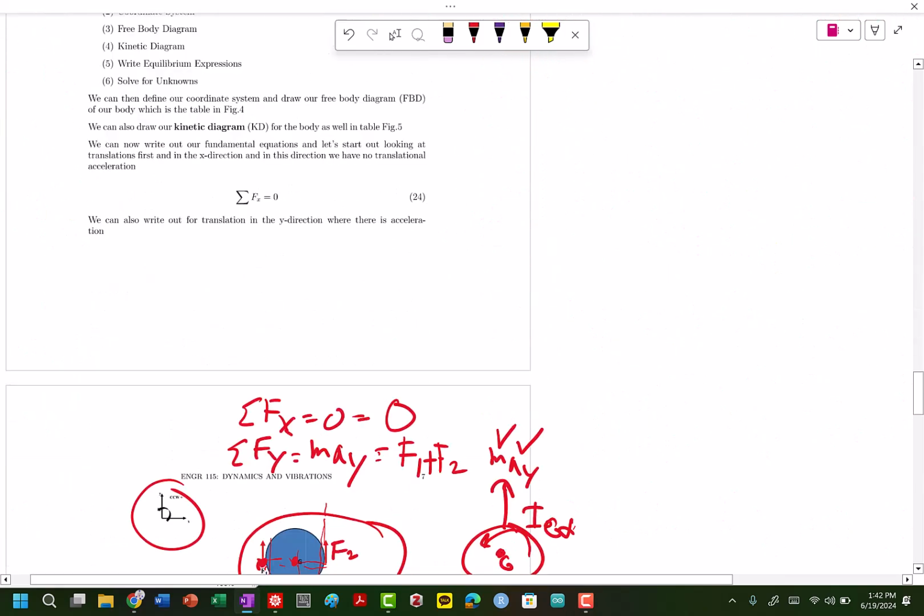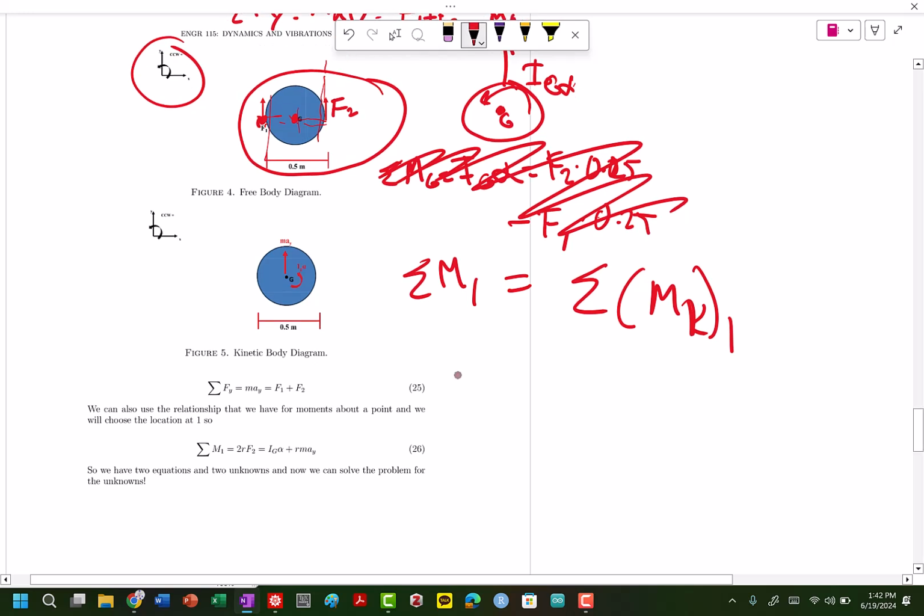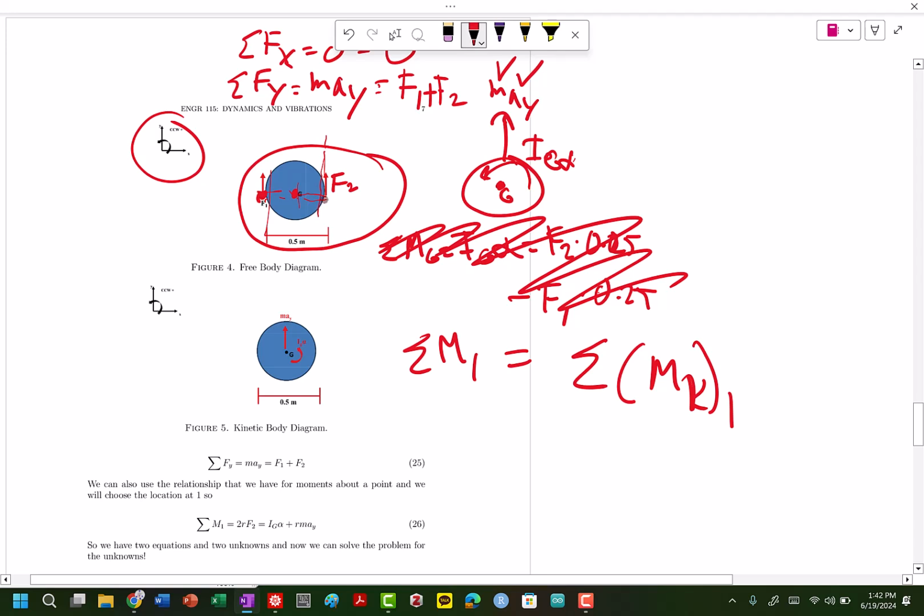Let's break that down, because this is a good example of how to do this. The sum of the moments about point 1, just from the forces, would just be force 2. That is positive in our notation. So force 2 times 0.5. That's the only moment from our forces. Now, we do have some kinetic moments.